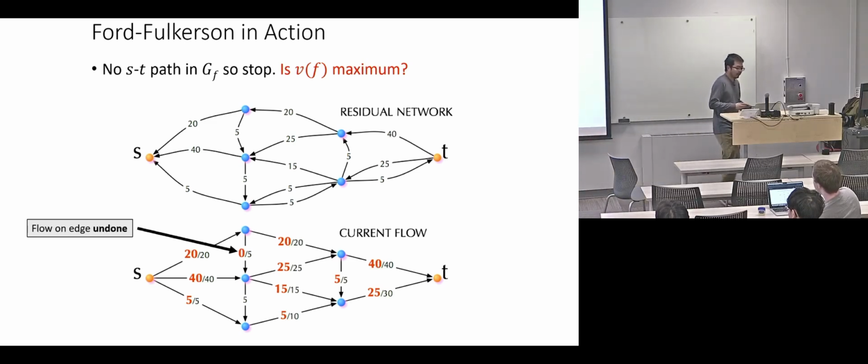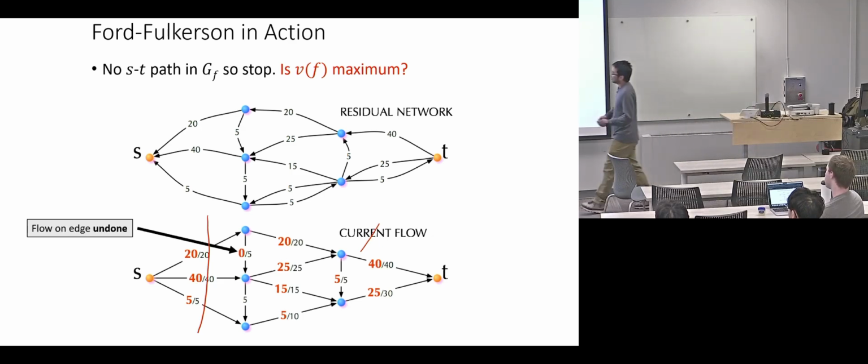Yeah, if there is this kind of cut here, and you know that any edge that goes out of this cut is saturated, there's no way to send flow further. Okay. So this is actually maximum.